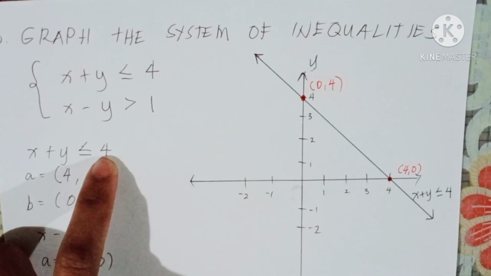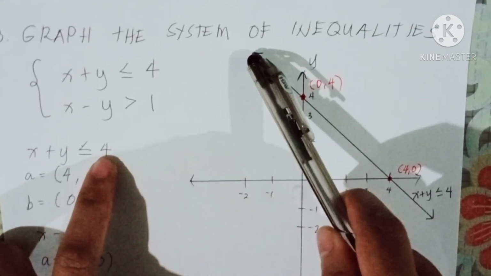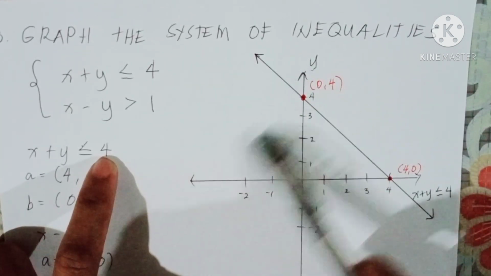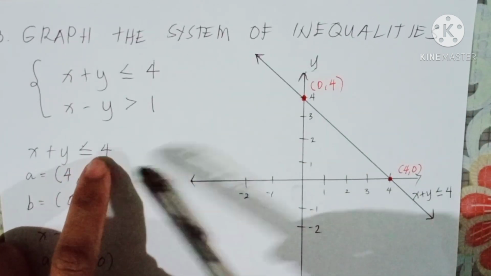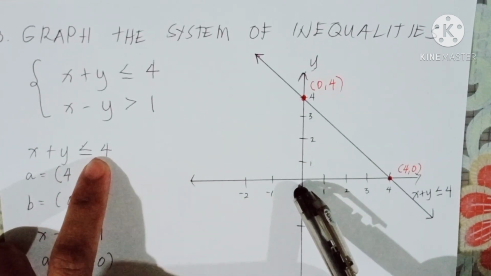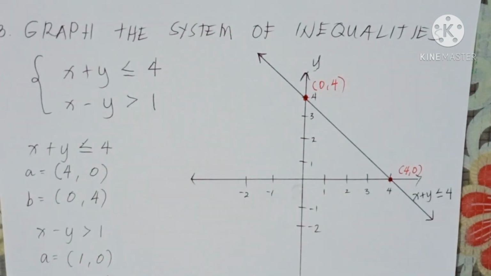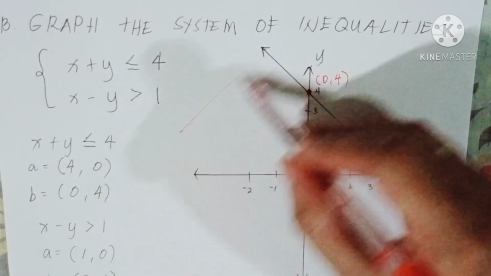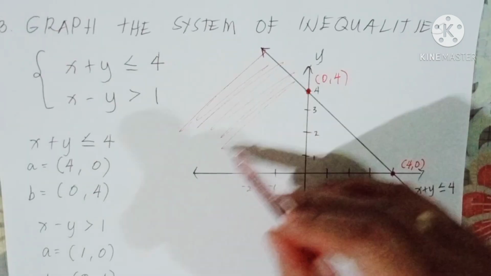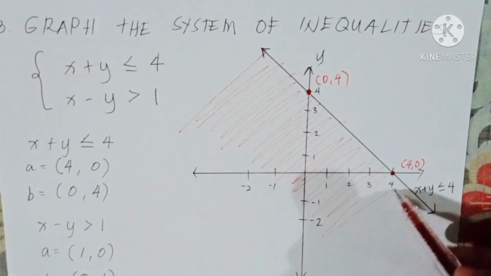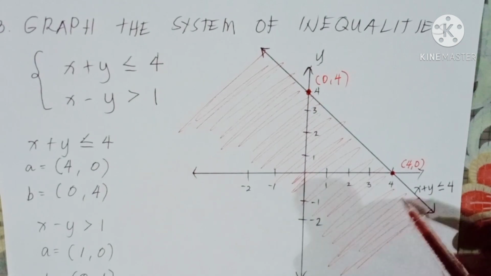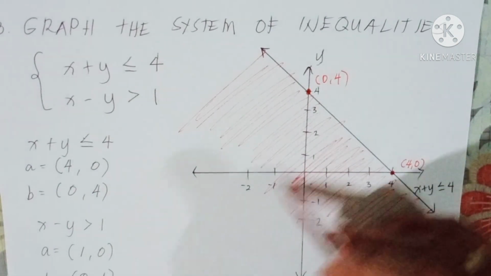So it means the shaded part will be below the boundary line. So 0, 0 is a solution. Okay, so we shade this. 0, 0 is included. So we can extend it.